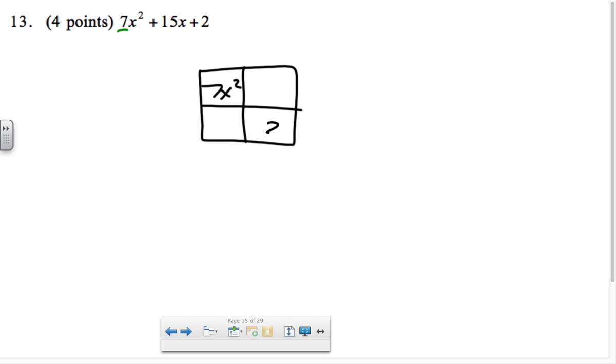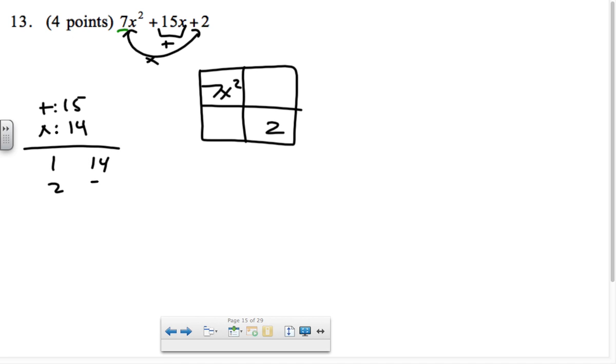7x squared, 2. So the magic question is what adds to 15 and multiplies to 14. So I start thinking of my factors of 14, 1 and 14, 2 and 7.